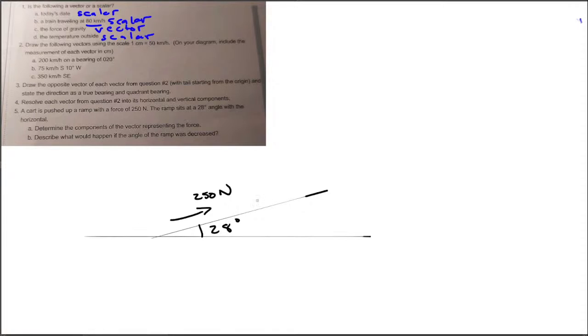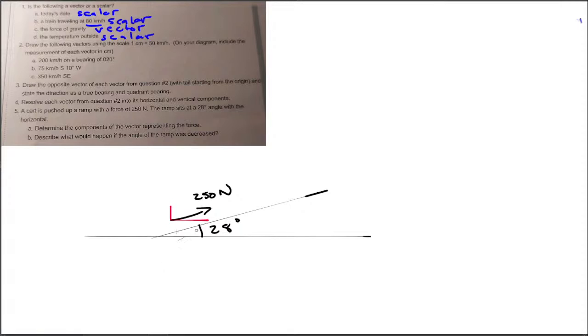Okay, so we got 28 degrees along the ramp, so our force vector should be parallel to the ramp, and the magnitude is 250 newtons. So this is a vector. It says determine the components of the vector representing the force. So we're going to do the exact same thing that we did before. We're going to take this vector and break it apart into a horizontal component and a vertical component.